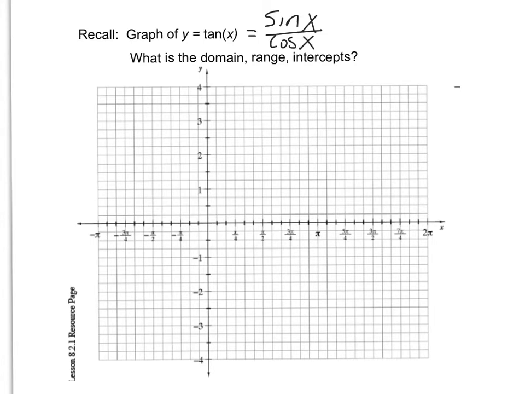So if you look at your cosine graph on the previous page, it has x-intercepts at pi over 2 plus pi n. Well, that's where the cosine is 0. And anything divided by 0 is undefined.